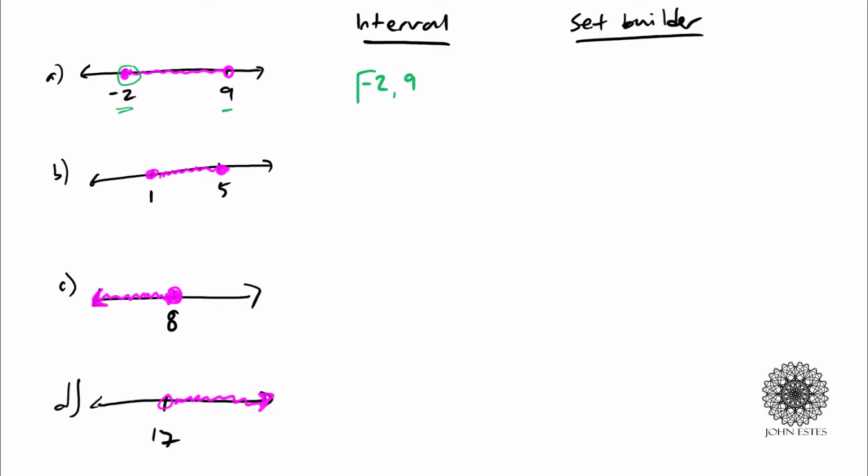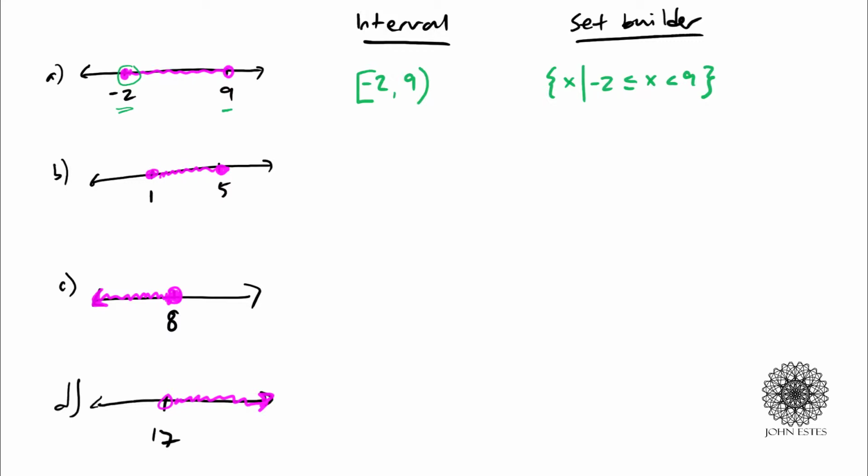That means -2 is included in my answer, but 9 is not. So everything up till 9. That's my answer in interval notation. In set builder notation, I use my braces and say all the x's such that x is greater than or equal to -2 and less than 9. And there's my answer in set builder notation.